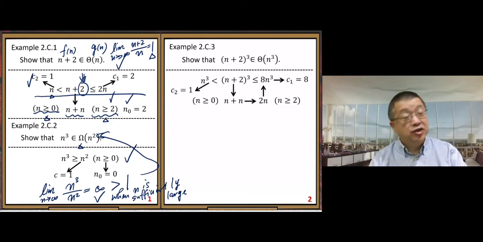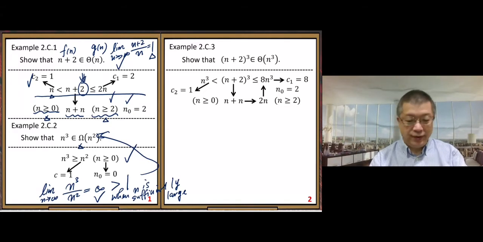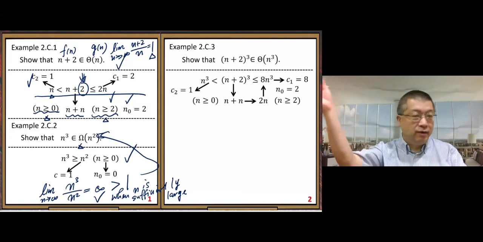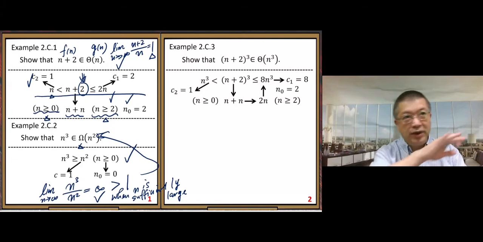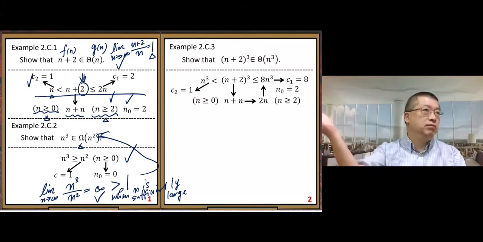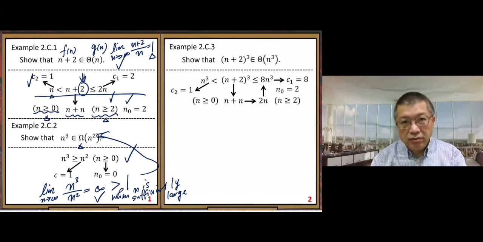So that tells us C1 equals 8, and n0 equals 2. So we prove it. Three pieces, C1, C2, n0. We find them, and we get an inequality, upper bound and lower bound, following the definition.